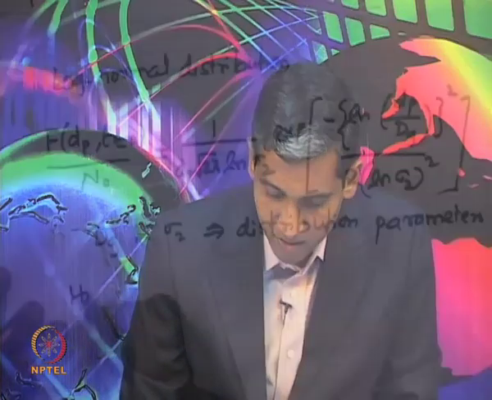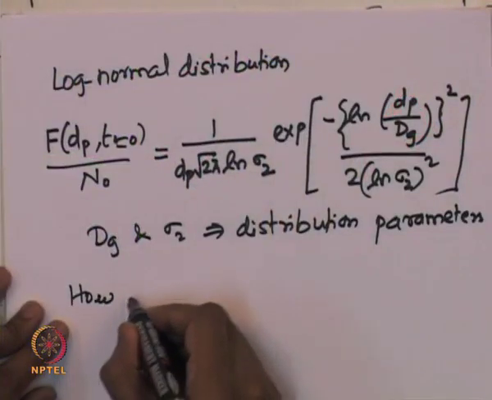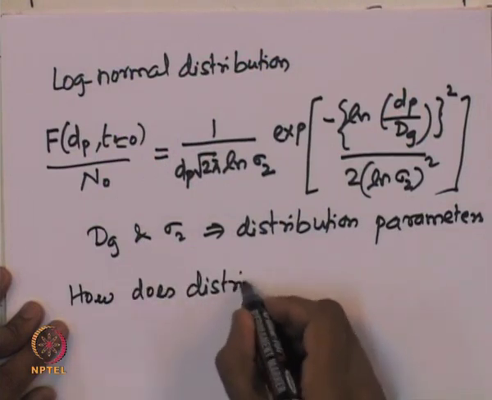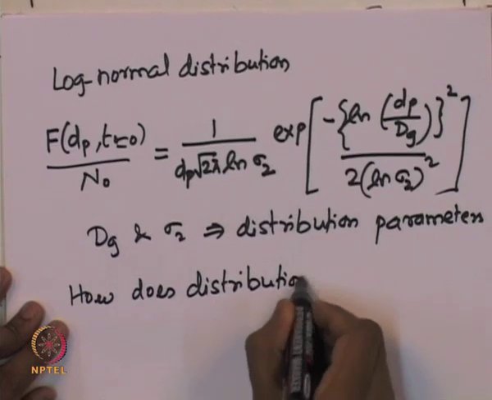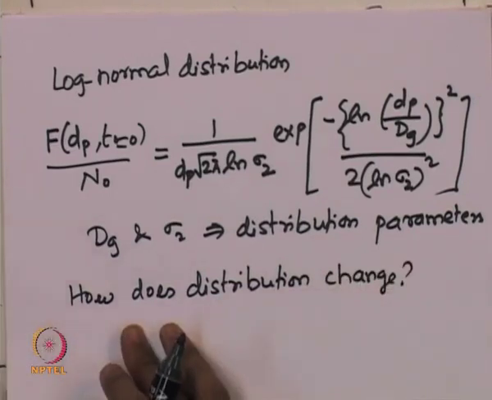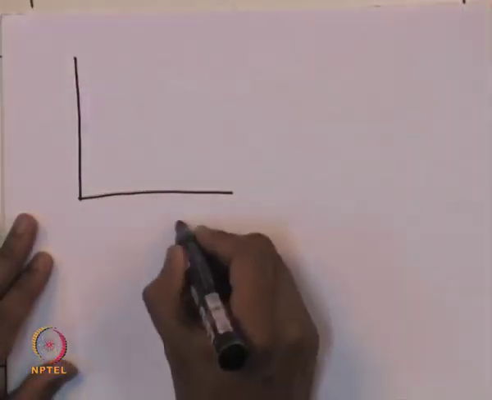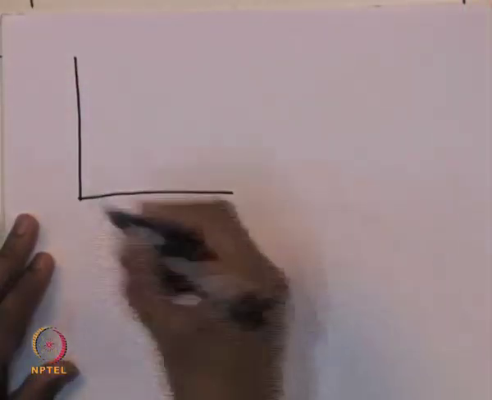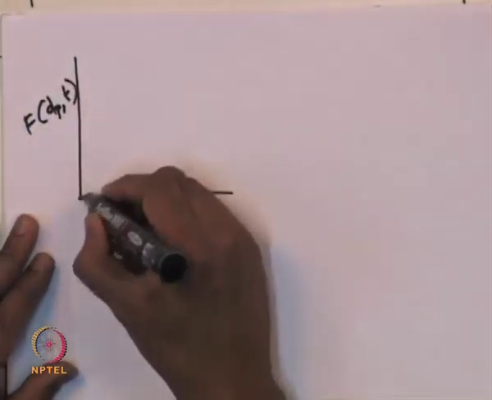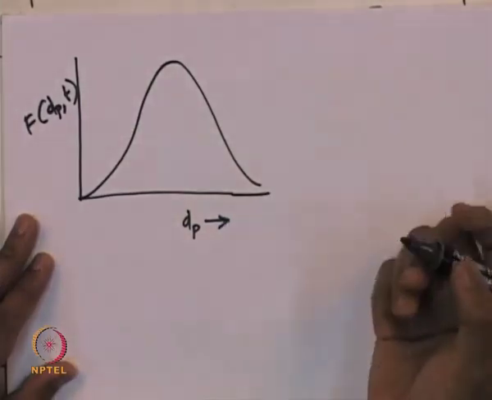So, the question is, how does the distribution change? That is what we are going to look at. Now, suppose we look at the distribution at any time, and it is some general curve like this.